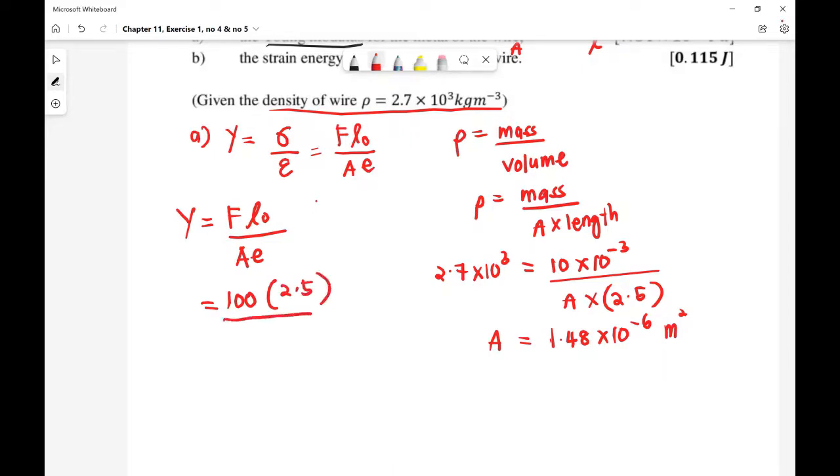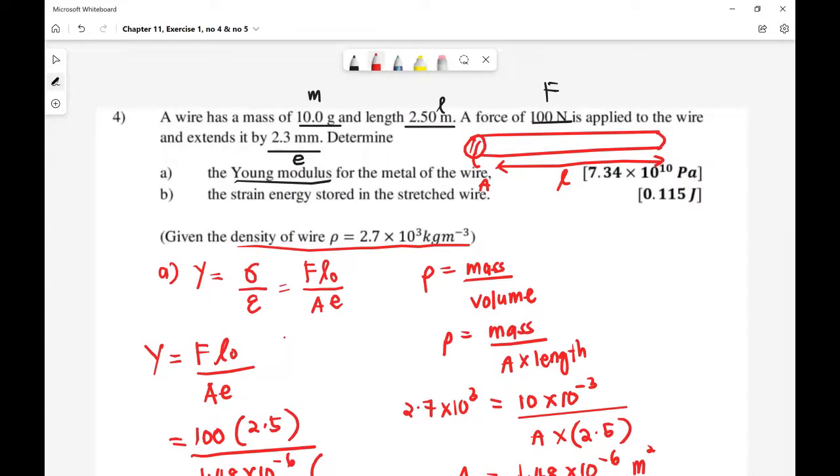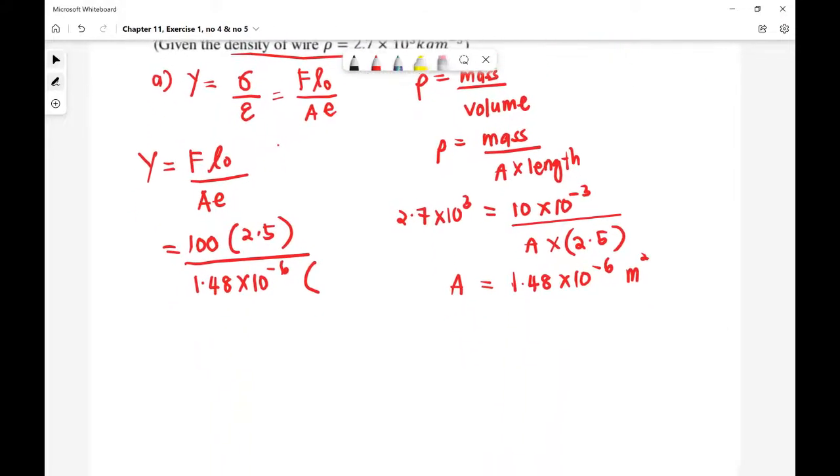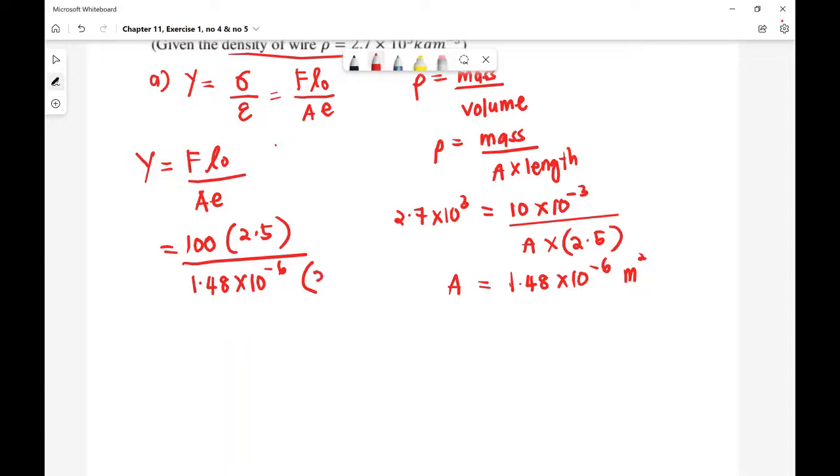Cross sectional area already calculated, 1.48 times 10 to the power of negative 6, and then elongation is 2.3 millimeter, so you have to convert to meter, so times 10 to the power of negative 3.